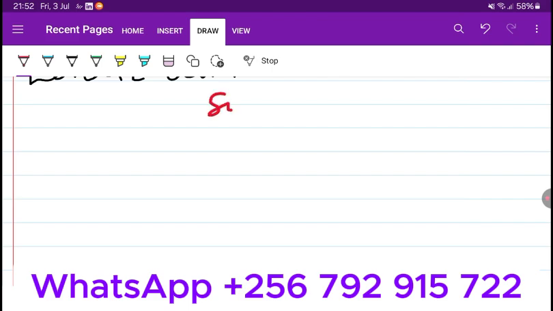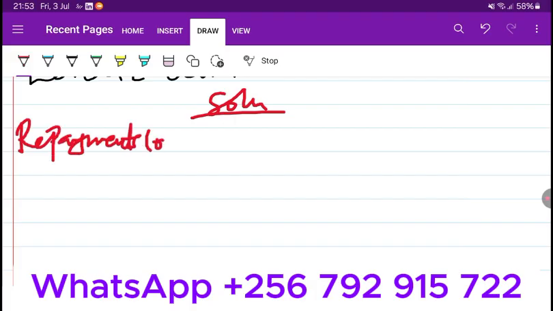Solution. Of course, they gave us the repayments. They are in thousands. But I can organize them from maybe 0. This one you can say less than 5, or you can start with a 0.